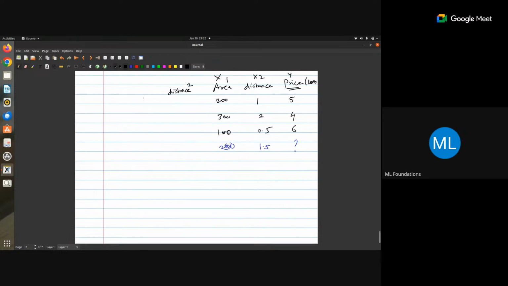Let's say the distance from the train station, I'm taking a square of it, maybe 0.25 and whatever. So this is another variable given to me, x3. Maybe I can just make it x1, x2 and x3. If I wanted to make this in a matrix format, how would it be?